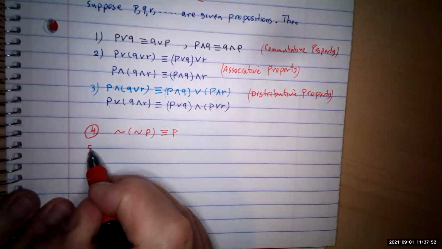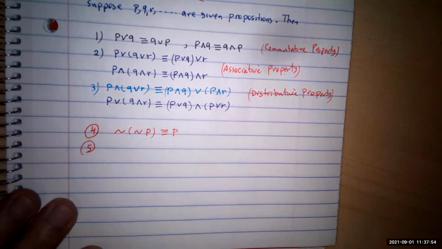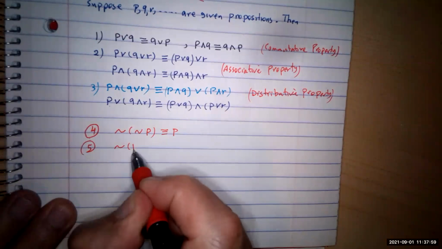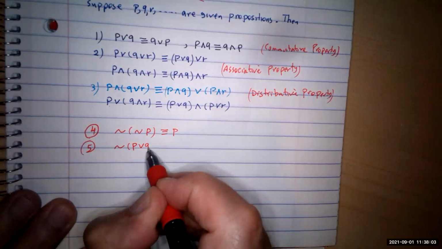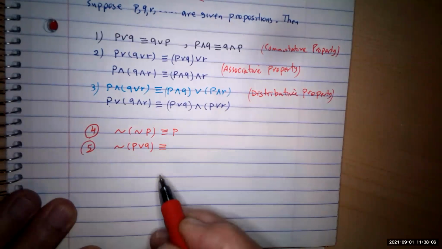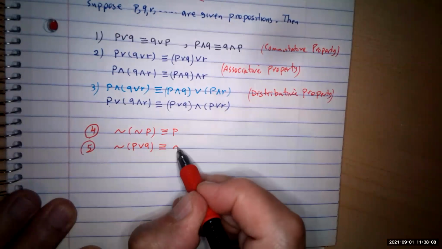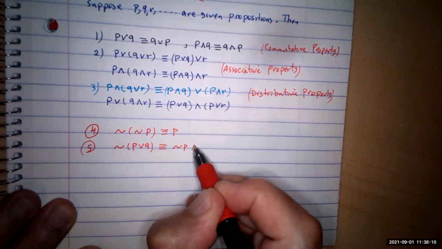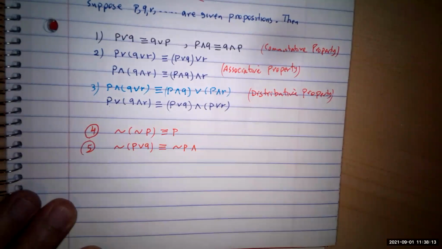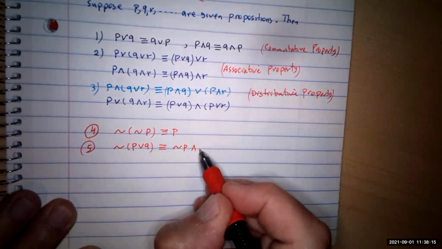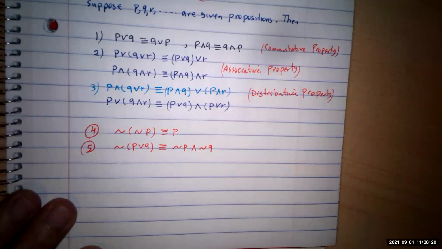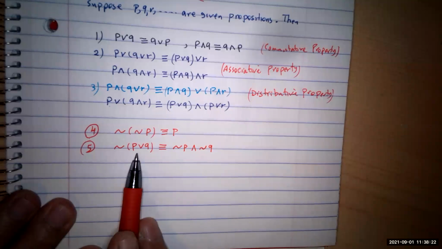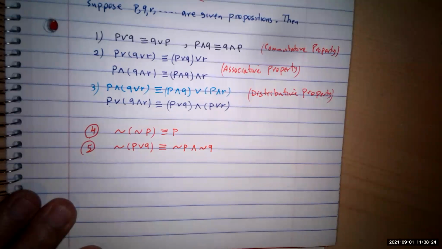Next one. This is very important. The negation of P or Q is going to be equivalent to the negation of P and the negation of Q. We distribute the negation, but you have to switch from or into and.